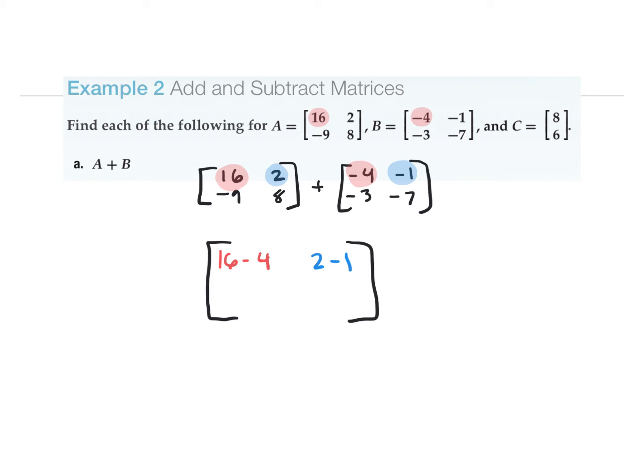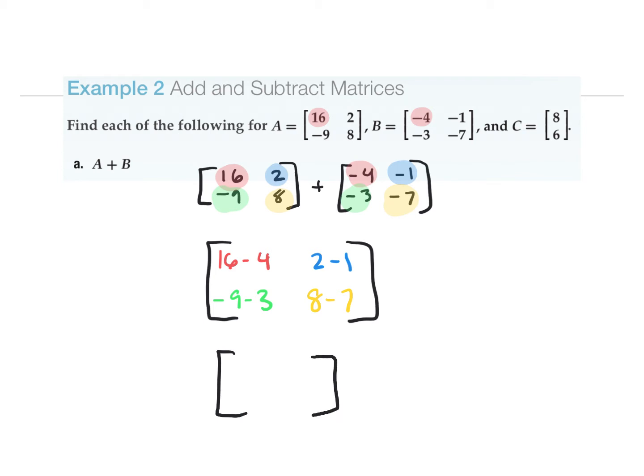Then we move down below. So the lower left hand. This would be -9 minus 3. And then lastly, we have the lower right hand. So 8 minus 7. So then we just do all of these 4 operations that we have here.